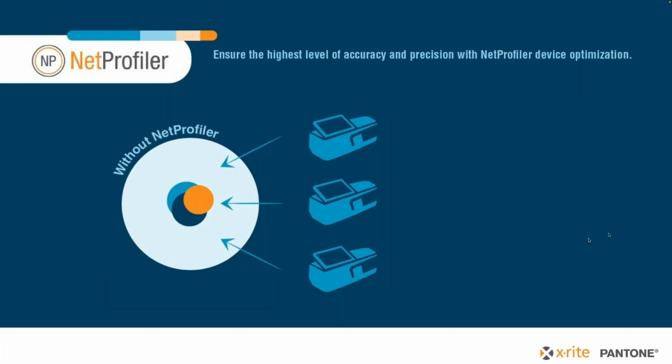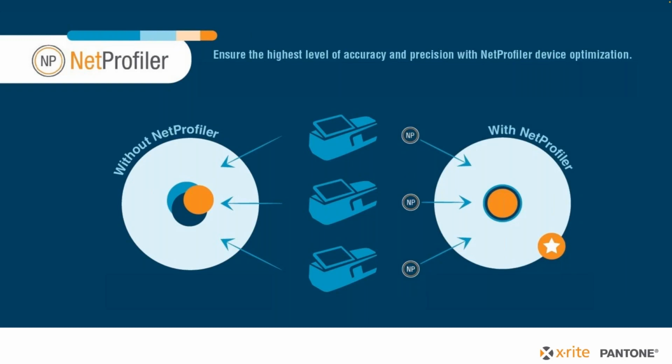Not only can Netprofiler correct the drift of one device, it can also help ensure color consistency across your entire supply chain. In the image on the left, you'll notice that the various color measurement devices had variation amongst their performance, which could be a result of occasional drift caused by age, wear, or environmental issues.